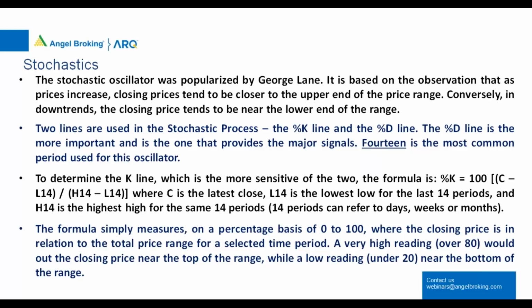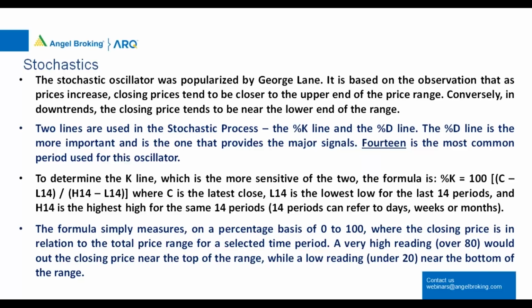And the second line, that is the percentage D, is a 3 period moving average of the percentage K line. So this formula produces a version called fast stochastics. So we have first the percentage K line, and when you average it out by a 3 period moving average, you get the percentage D line.